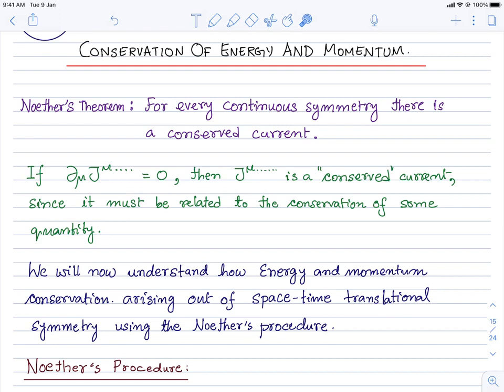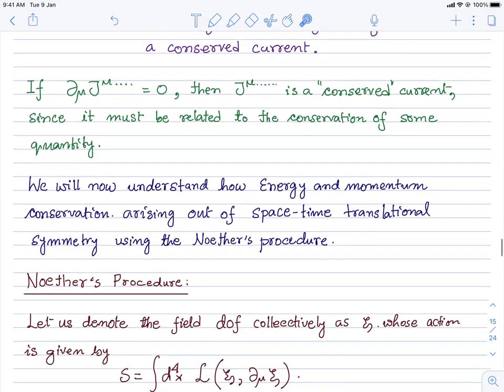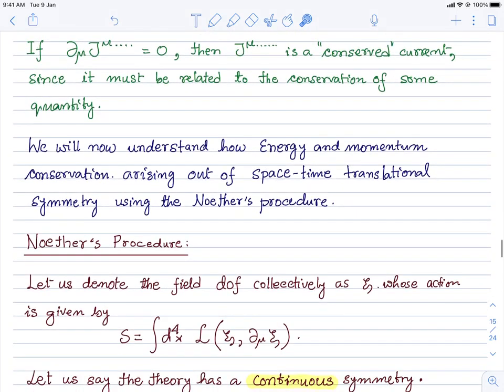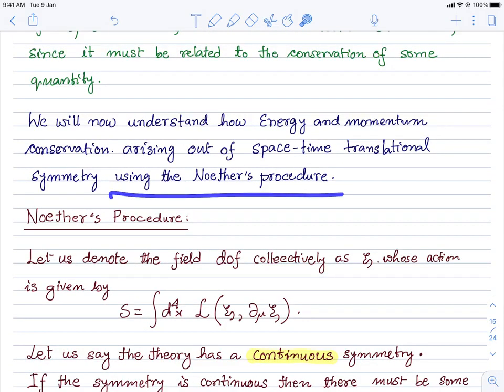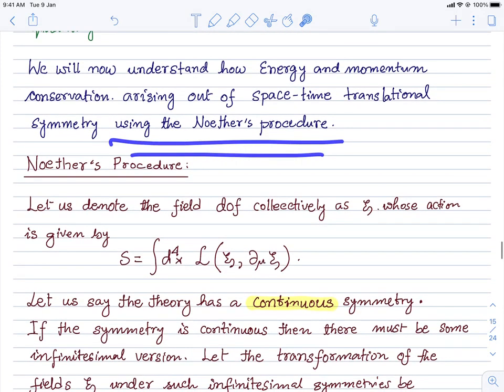That procedure basically tells us that if there is a continuous symmetry, then we should be able to write down a corresponding conserved current. Energy and momentum conservation is just the conserved current corresponding to space-time translational symmetry. Very good, so that's what we want to do, use Noether's procedure.